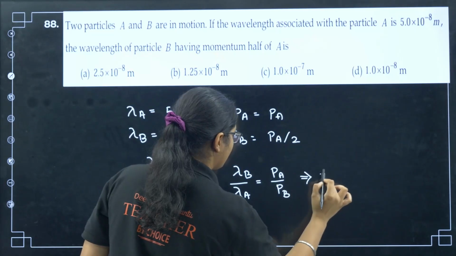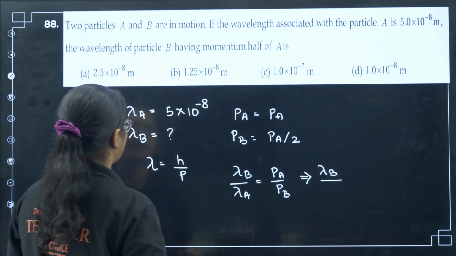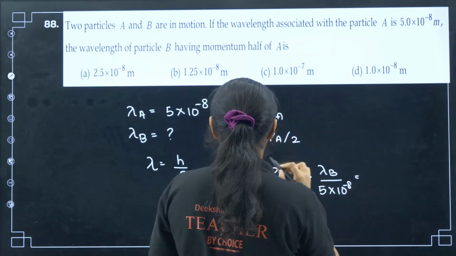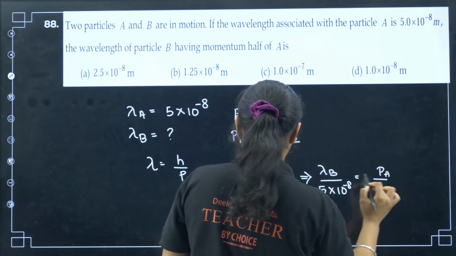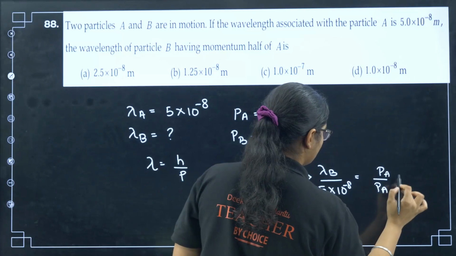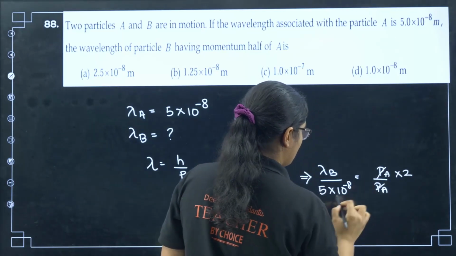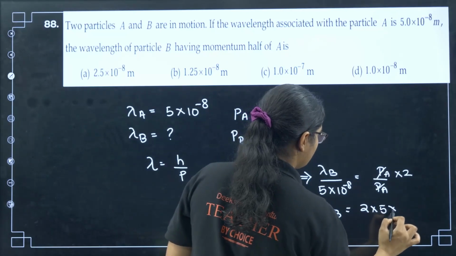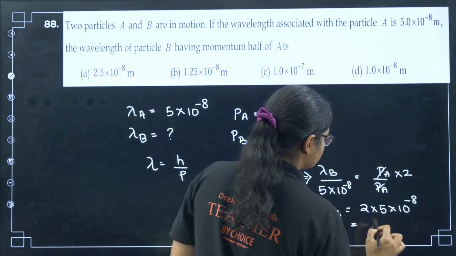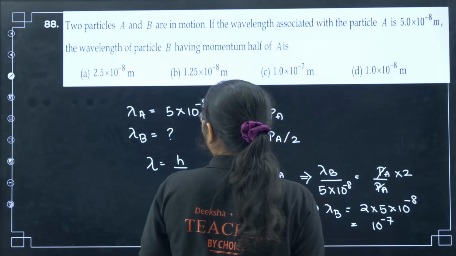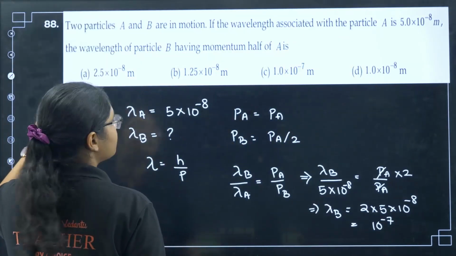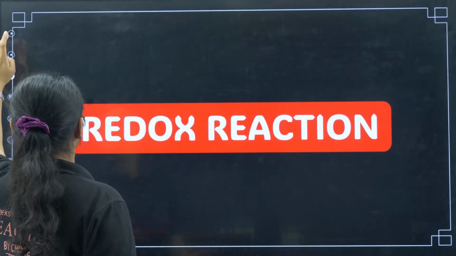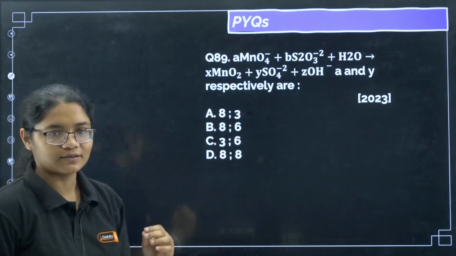Now what is the value of lambda A here? 5 into 10 to the power of minus 8, that is equal to PA by PB, which is PA by 2 inverted. So lambda B will be equal to 2 into 5 into 10 to the power of minus 8. So it will be 10 to the power of minus 7, and that is option number C.